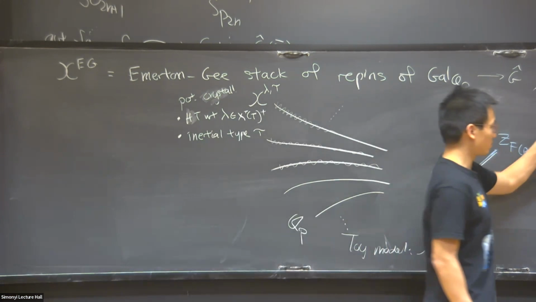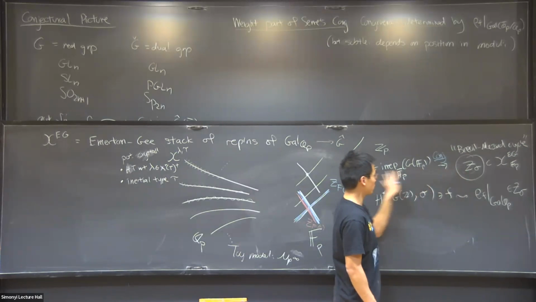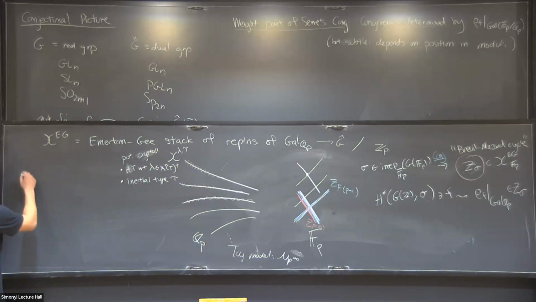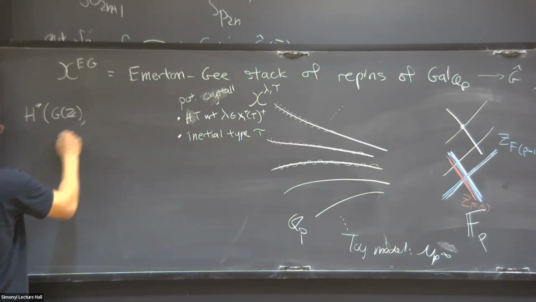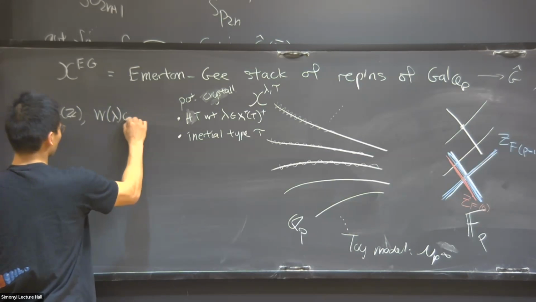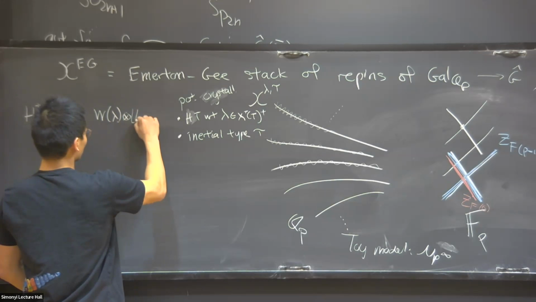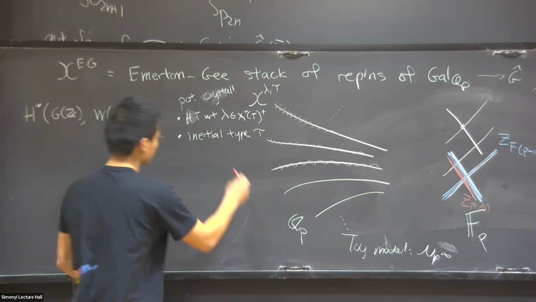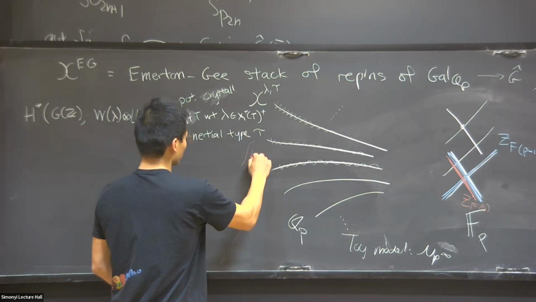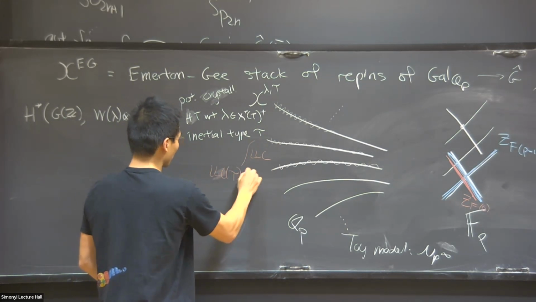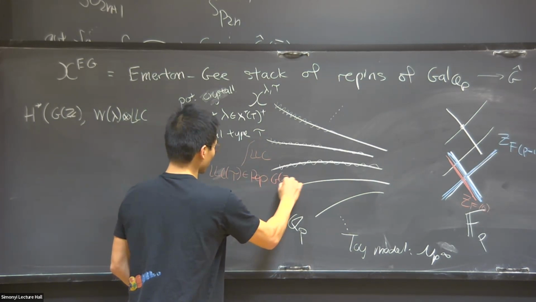this cycle is somehow dictated by representation theory; it's parameterized by representations of a group. And similarly, this thing has such a property in characteristic 0. Namely, for example, if you took an automorphic form in characteristic 0 with coefficients in a particular representation. So from this inertial type tau, I can use, at least for GL_n, the local Langlands correspondence to construct some corresponding thing, which is a representation of G(Z_p).